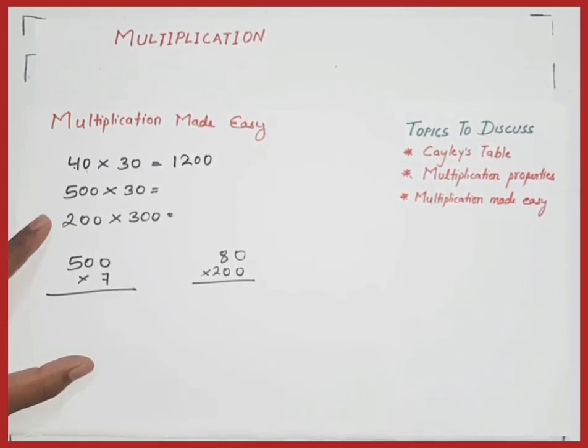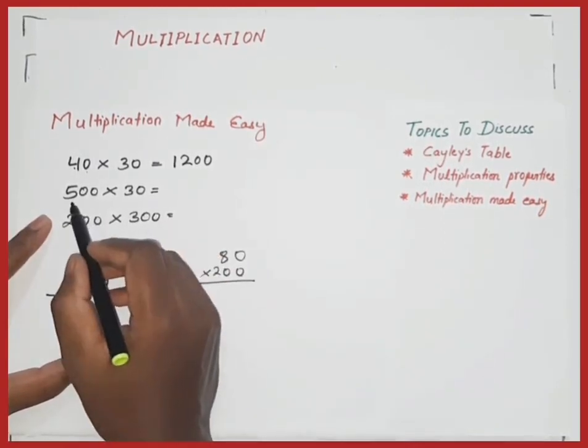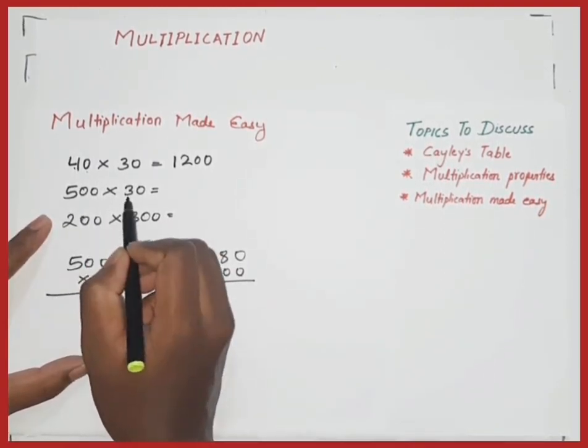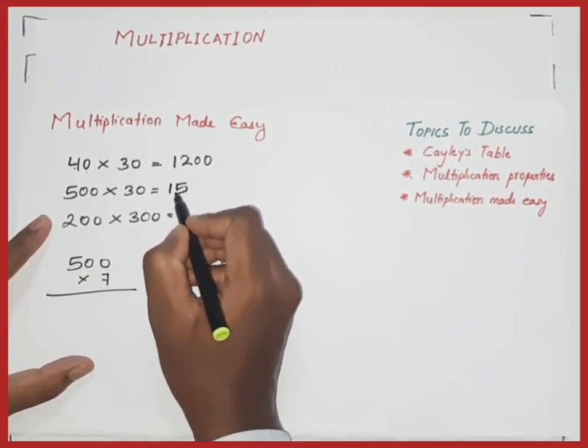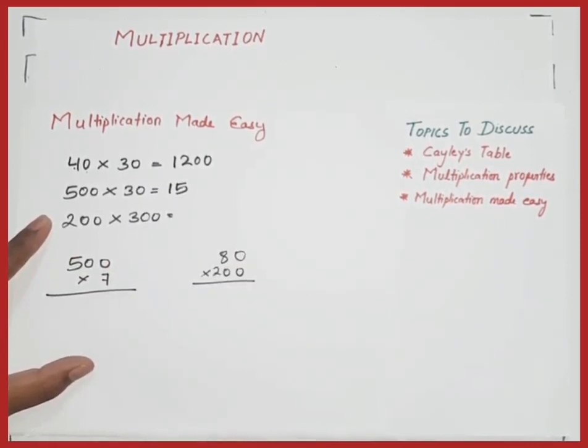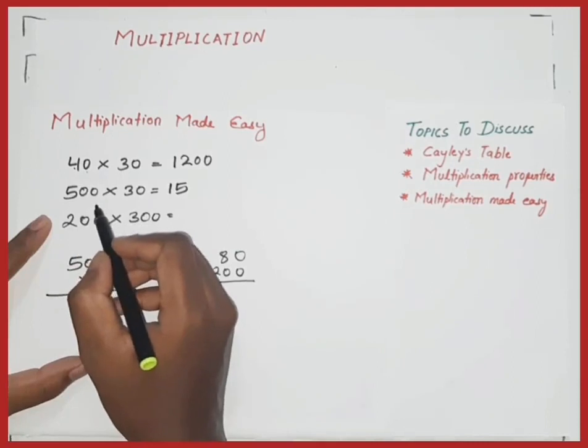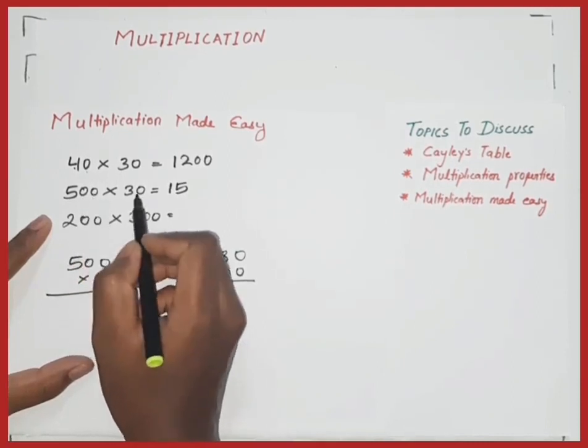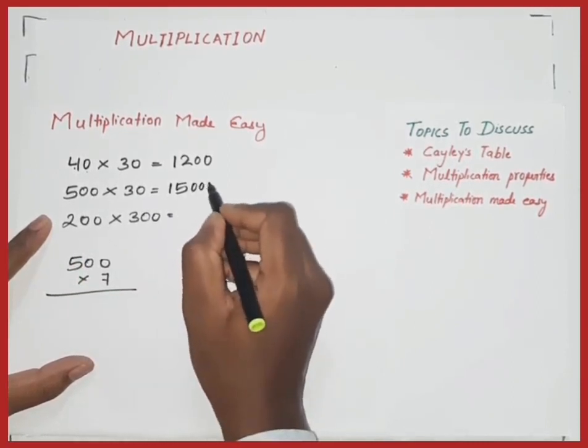Next 500 into 30. Here also we must multiply easily. Just multiply the numbers. 5 into 3, how much? 15. And place the number of zeros after that. How many zeros are there? 1, 2, 3. Total number of zeros is 3.